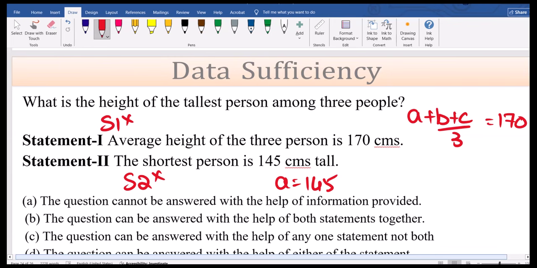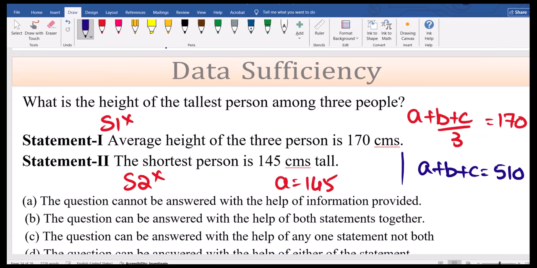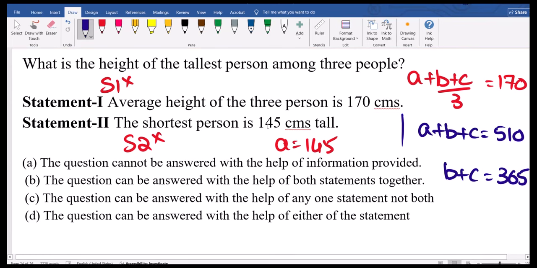Put together is also not possible. We may get B plus C equal to something. Let's put that into numbers. A plus B plus C is 510. Let us try, because sometimes there might be a chance. B plus C will be what? If you remove 100, it becomes 410. If you remove 40, it becomes 370. If you remove 5, it will be 365. So if B is the tallest person, what might be the chances?